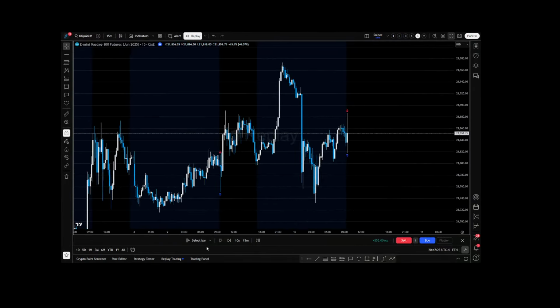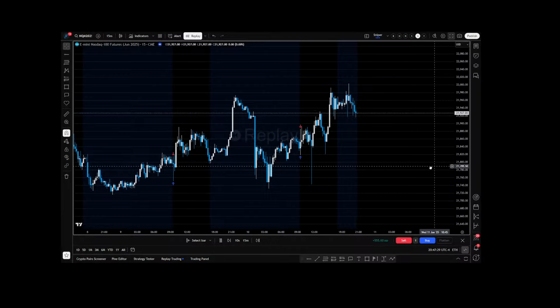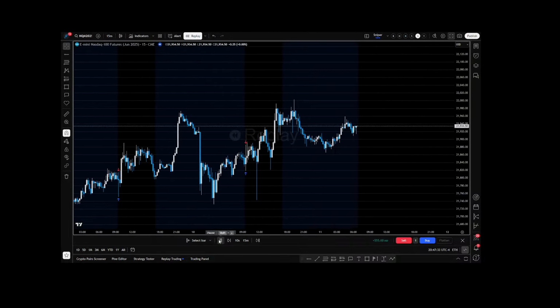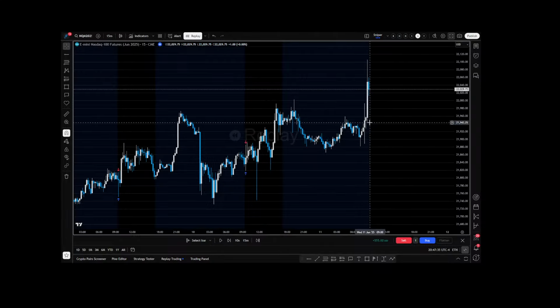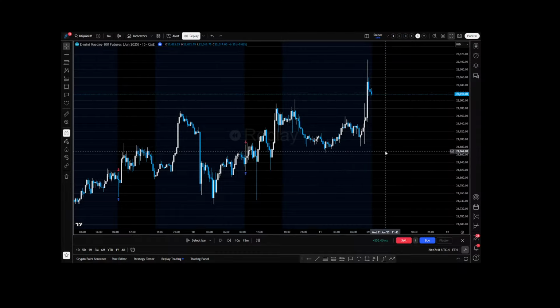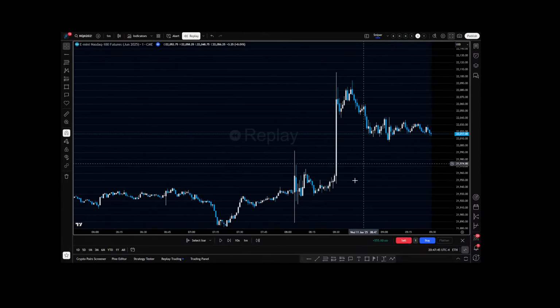So jumping forward to Wednesday, this is CPI day, which is obviously pre-market. Okay, so we'll analyze price. Pretty clear CPI candle here.